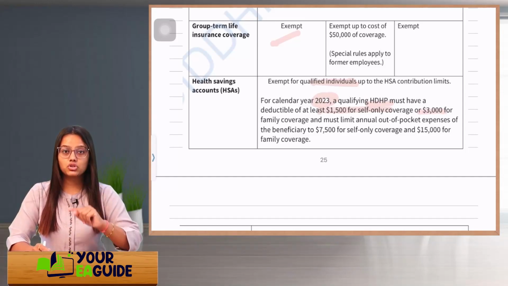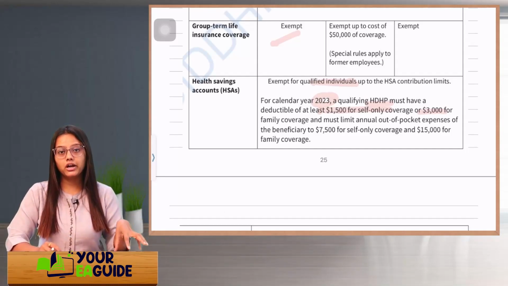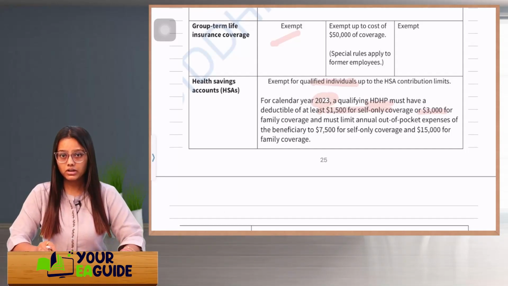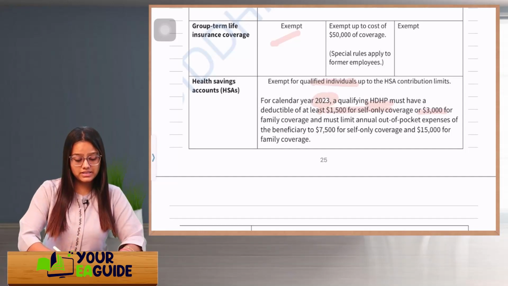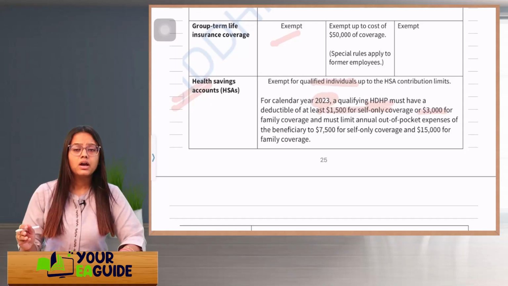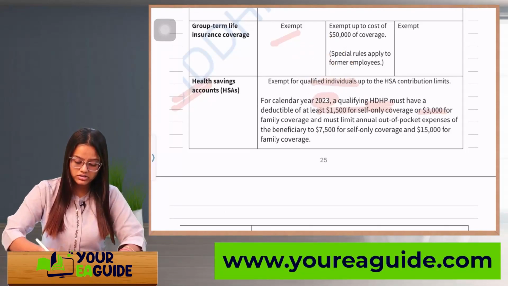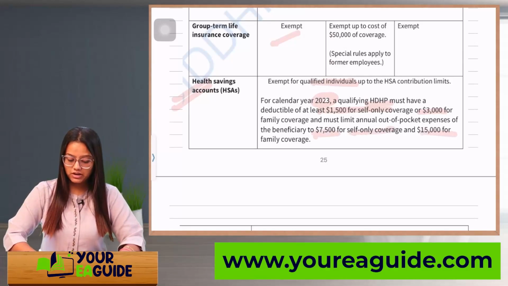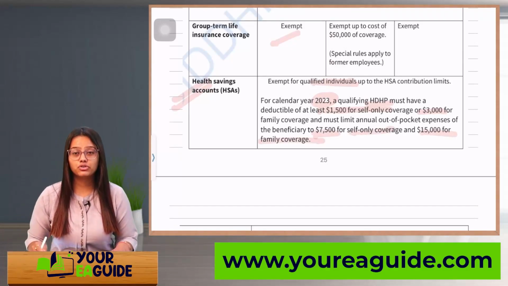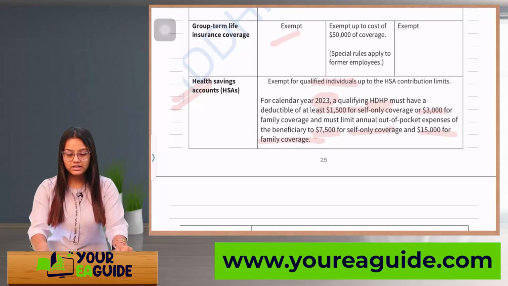So this much you can easily deduct for yourself if you are investing into the health savings account, right? And this same topic you will see again in the income exclusion. Okay, so don't worry about it. And out of pocket expense you can incur up to $7,500 for self coverage and 15,000 for family coverage. So do you remember, like in Schedule A, right? Medical expenses are there.